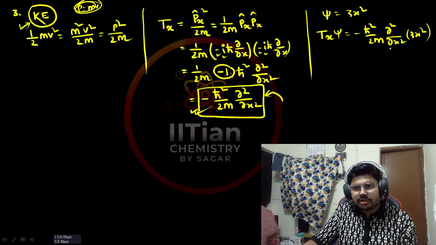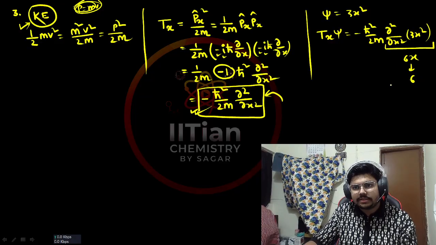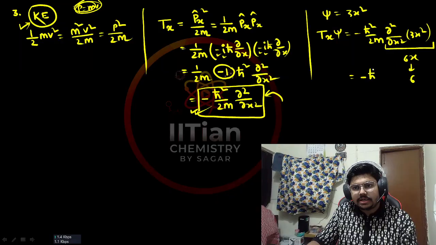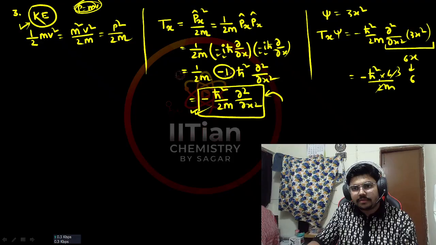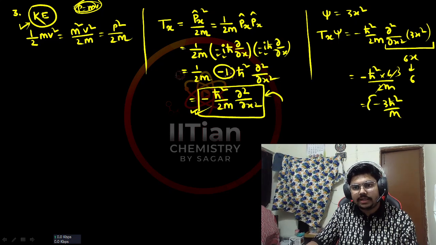First differential we get 6x, then second differential we get 6. So minus h cross square into 6 upon 2m, that is minus 3 h cross square upon m. This will be the value of the kinetic energy.